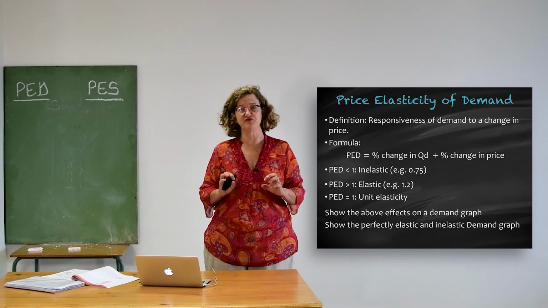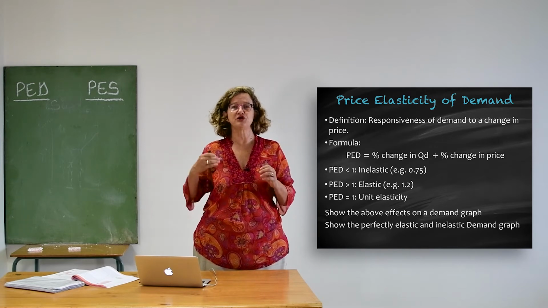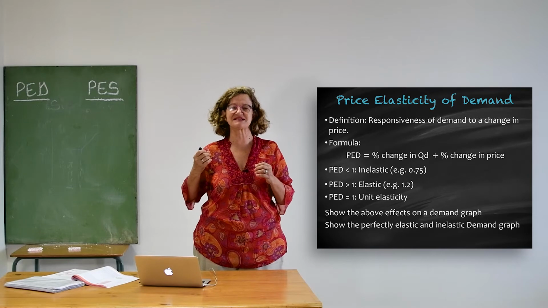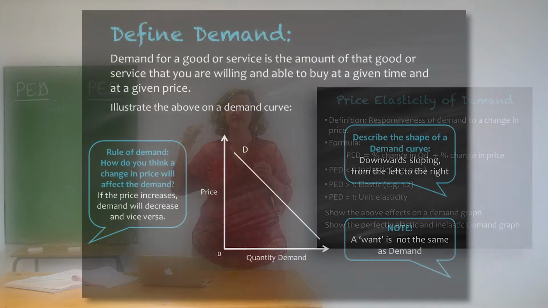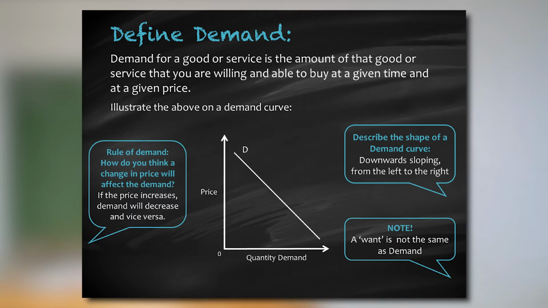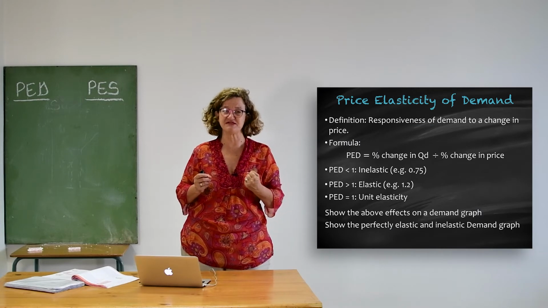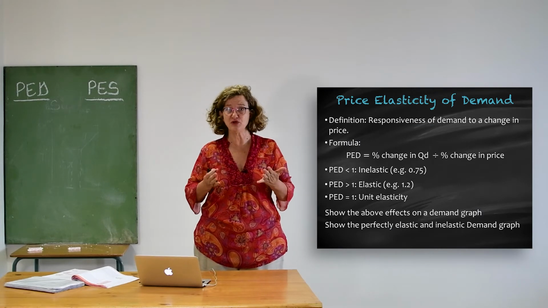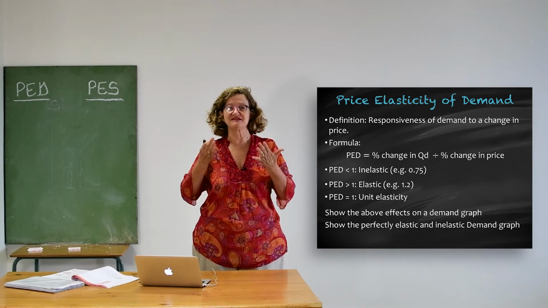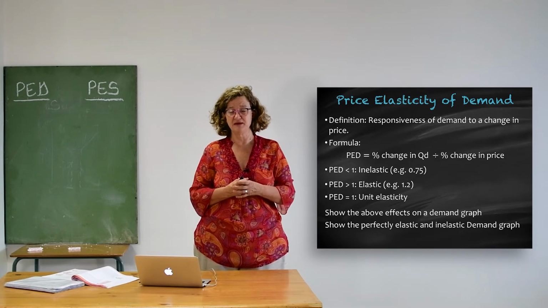A small hint for you, and very important, is you must remember what we discussed in 3.2, the law of demand. The law of demand says if price increases, demand decreases, and the opposite is true. So very important for you. If we indicate an increase with a plus and we indicate a decrease in demand with a minus, then you know from mathematics that a plus and a minus give you a minus.